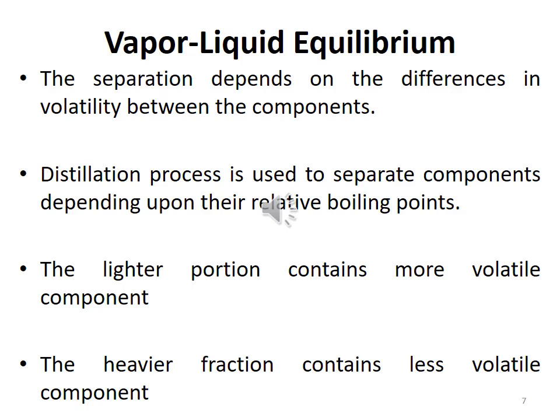So in a distillation column, the separation of a liquid mixture is done by the process of distillation, and this separation is based upon the volatility between the components. The greater the relative volatility, the easier the separation.